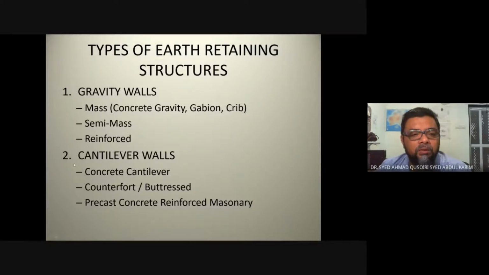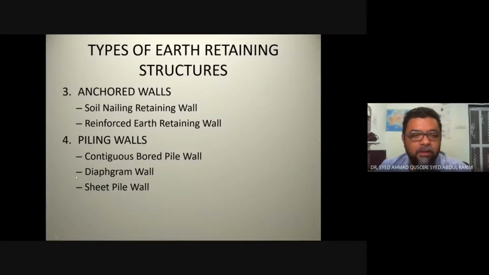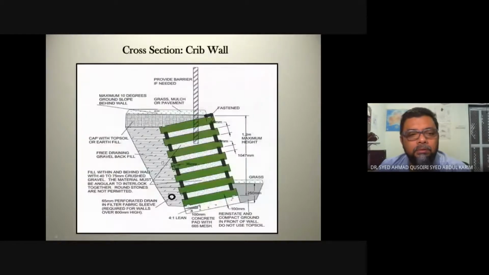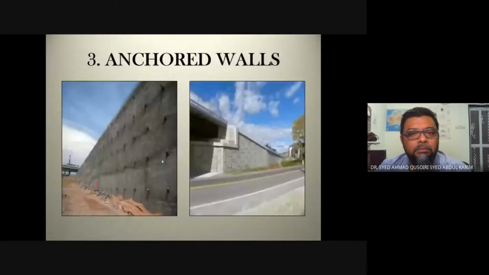Now we are moving to anchored walls and then piling walls and then hybrid. So for the anchor wall, you can see this wall usually will have this protrusion here.